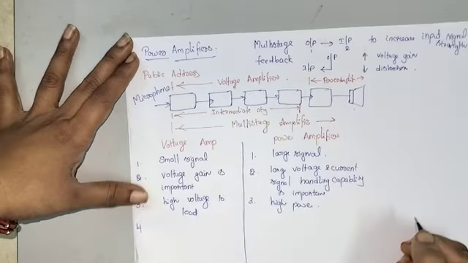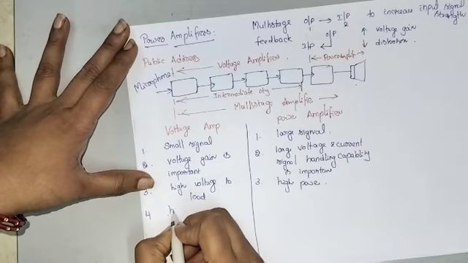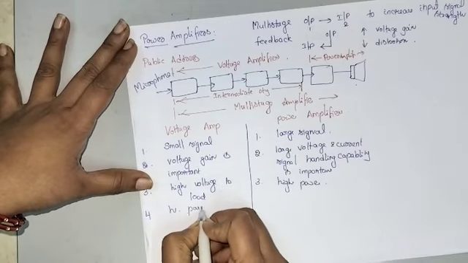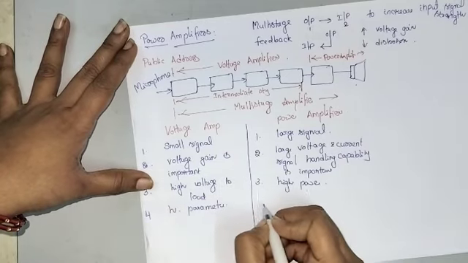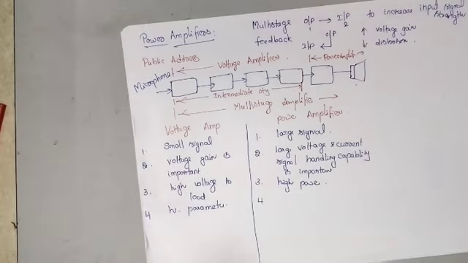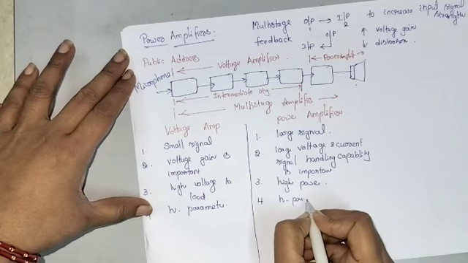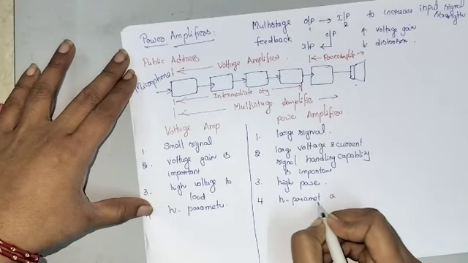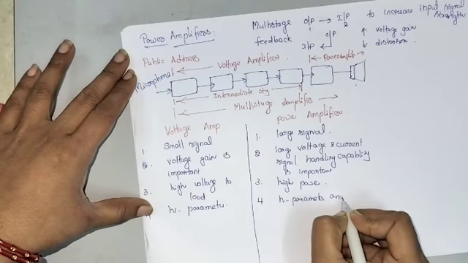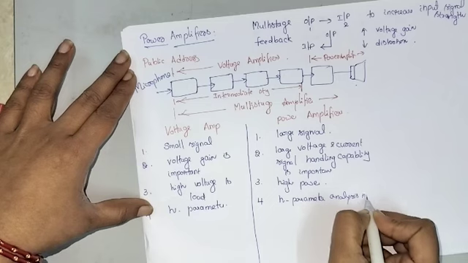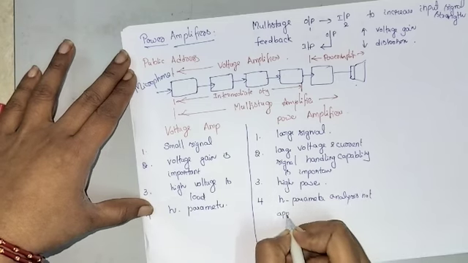Voltage amplifiers are analyzed using h parameters. Because of the high power handling capability, h parameter analysis is not applicable here.